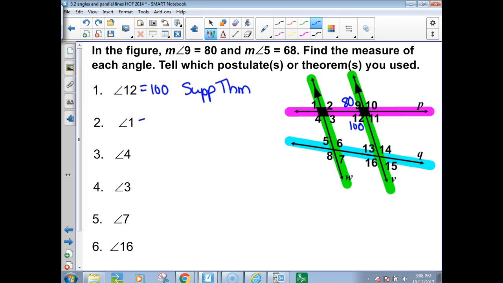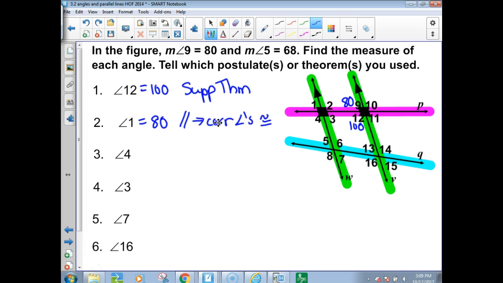Angle 1 is going to be, because they gave us angle 9, 80. That's because if you have parallel lines, then angle 1 and 9 are corresponding and congruent. Corresponding angles congruent. That's how I'll let you write it. That's the whole theorem.